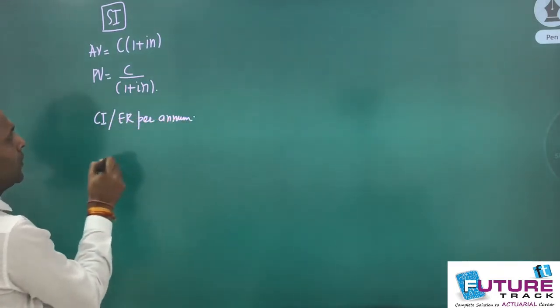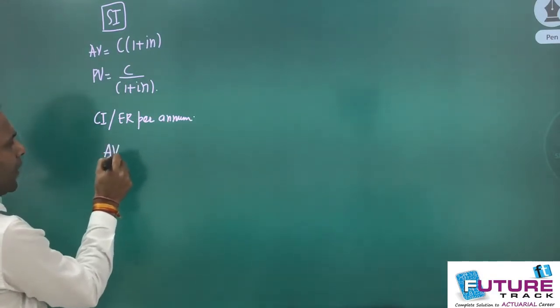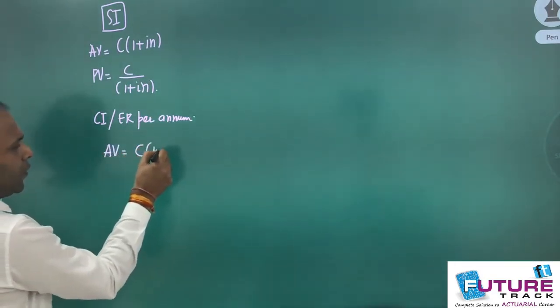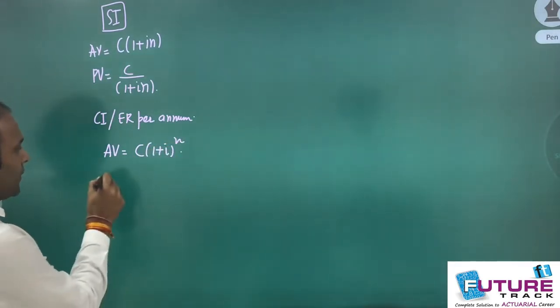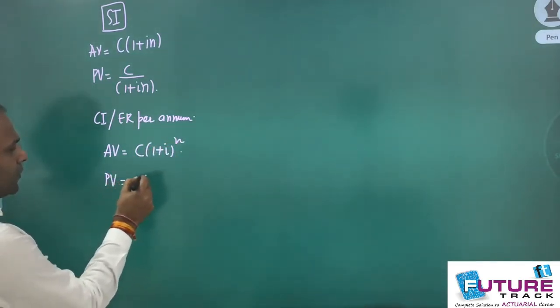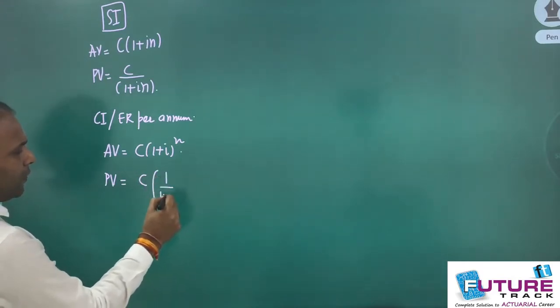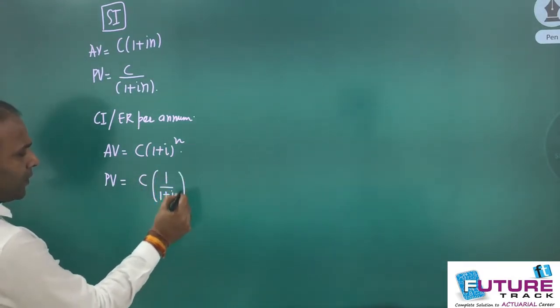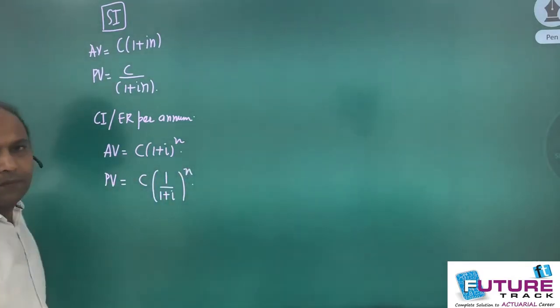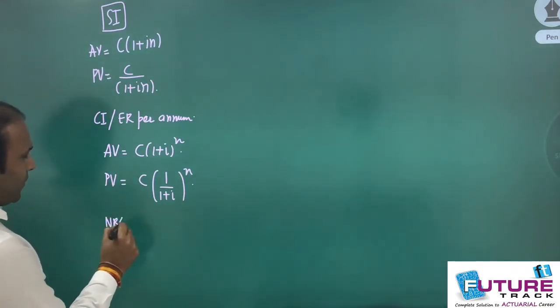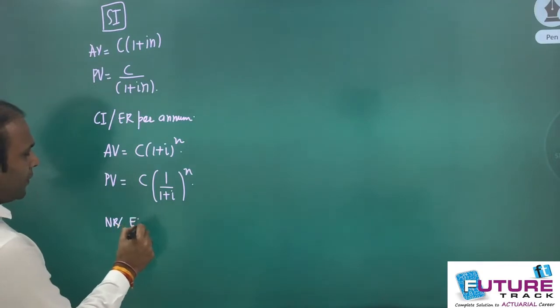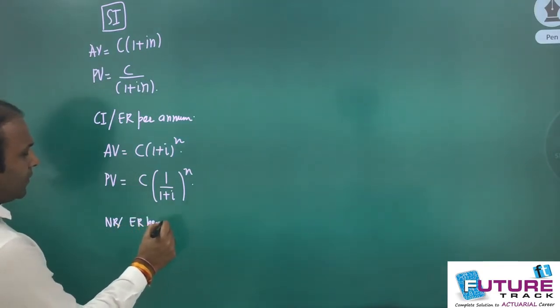We have seen the accumulated value as C(1 + i) raised to power n, and the present value as C by (1 + i) raised to power n, and we have seen the nominal rate of interest and effective rate of interest per pth.